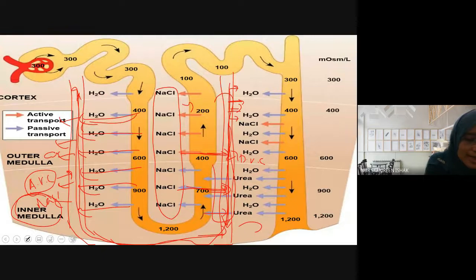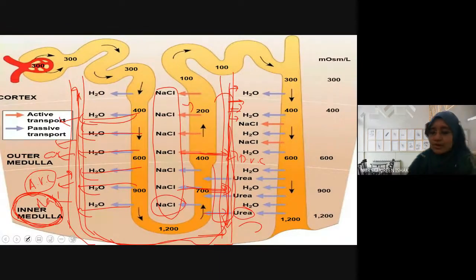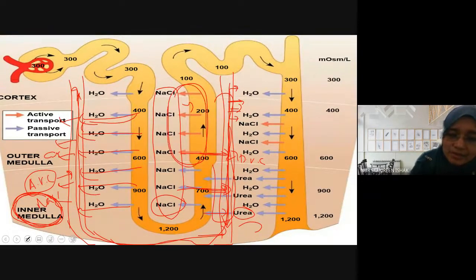So in the inner medulla region, the interstitial fluid concentration is high due to this solute, urea and also sodium chloride. Okay, so that is two solute model and also counter current multiplier system tu tadi. Multiplier sebab apa? Dekat region kat sini dia melibatkan active transport of sodium chloride that expend energy. It uses energy. That is multiplier.